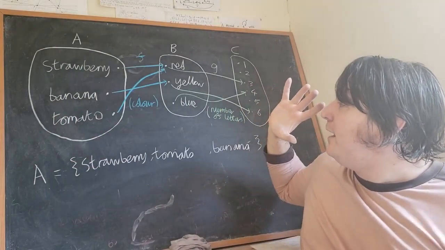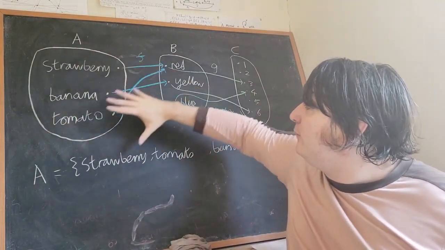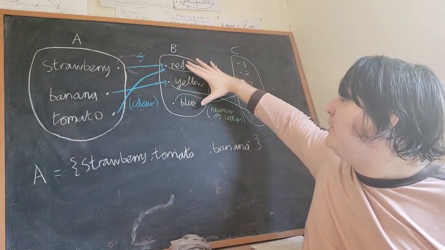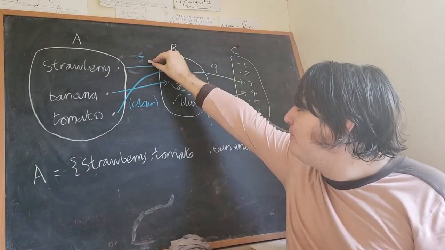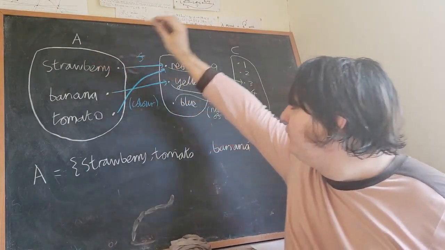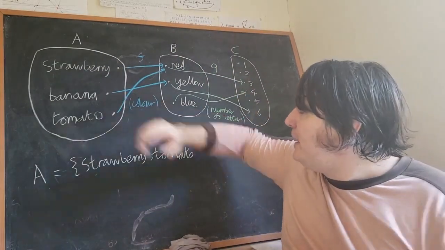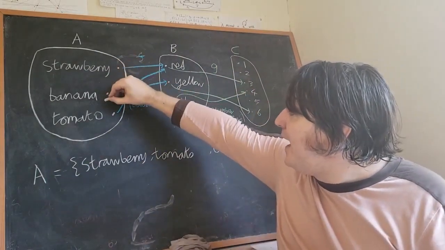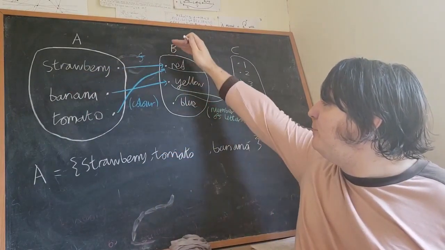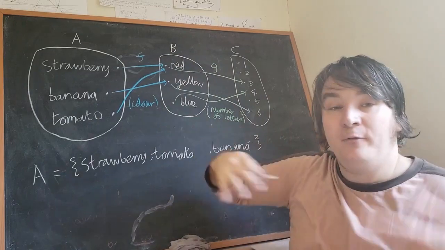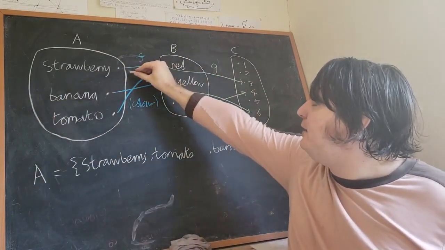More precisely, it's a way that we can associate the elements of one set with elements of the other set. More precisely, a function f from a set A to a set B is where every element in set A is sent to some element in set B. And we usually represent this, at least when we draw these pictures, by these arrows.